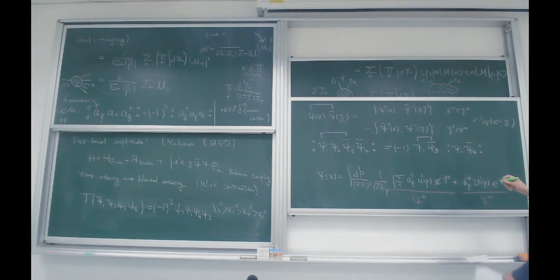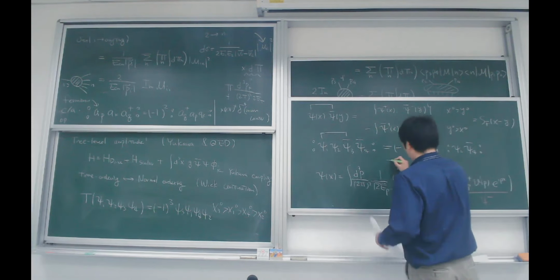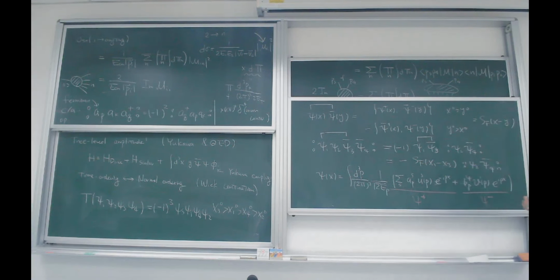So this is equal to minus S_F(x1 minus x3), and then psi 2 psi 4. So this is the rule for weak contraction of the fermions. This is always the rule of the weak contraction.